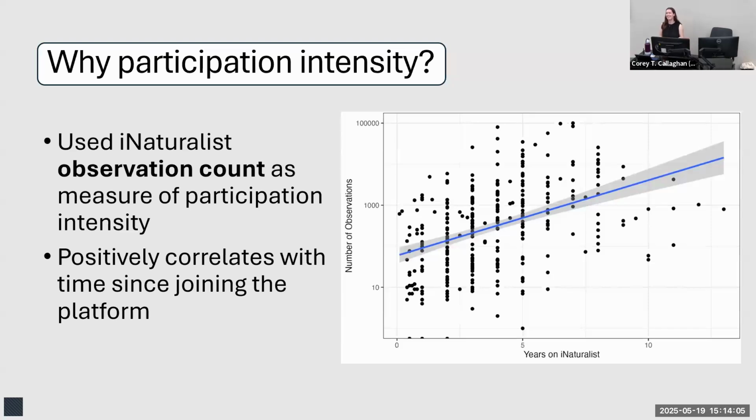But since I'm a master's student, I found that I can measure participation intensity on iNaturalist with observation count, and that observation count positively correlates with the time since joining the platform. So it's essentially kind of a form of seeing sequential participation over time via this proxy of observation count.